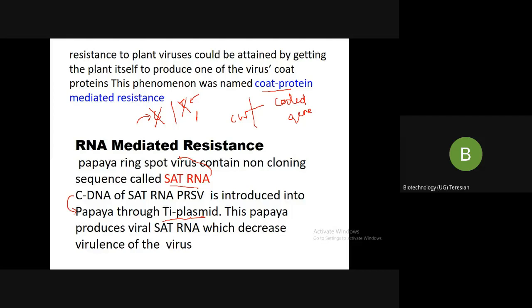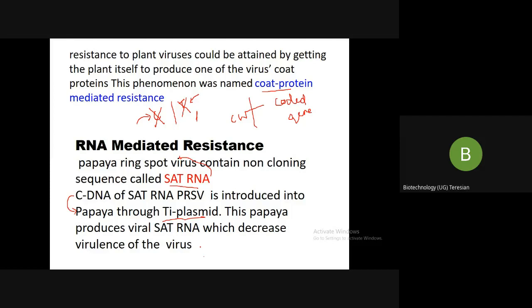So when they produced it like this, papaya produced the viral sat RNA which decreases the virulence of the virus. So this was another method. So the papaya plant started producing the sat RNA of the virus, which indeed decreases the virulence of the virus.